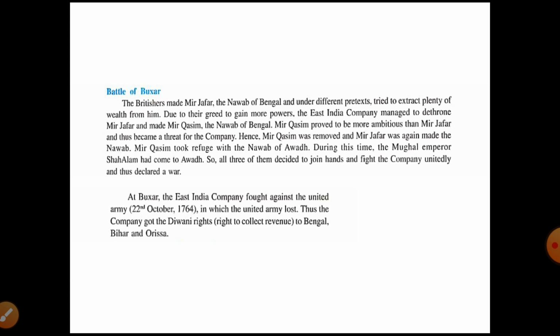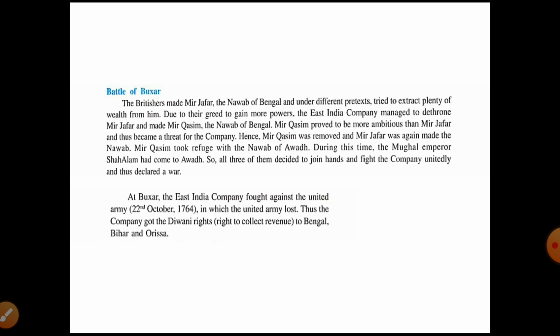Now Mir Jafar became the Nawab of Bengal, and the main goal of the Britishers was to acquire as much wealth as possible from Bengal. So with different pretexts, they tried to collect money and wealth from Mir Jafar, from Bengal.